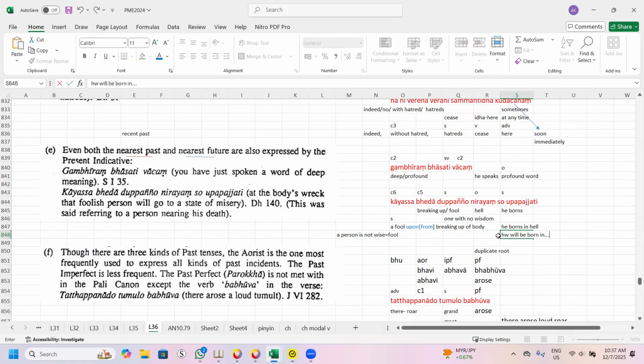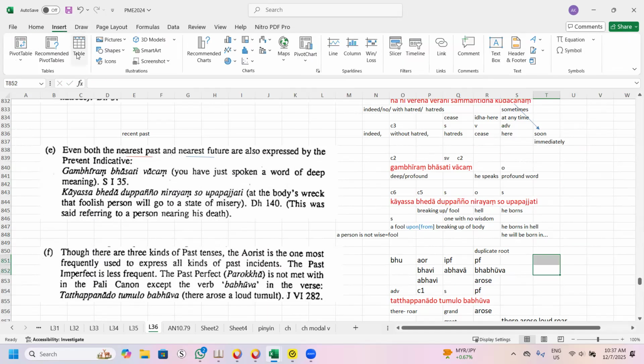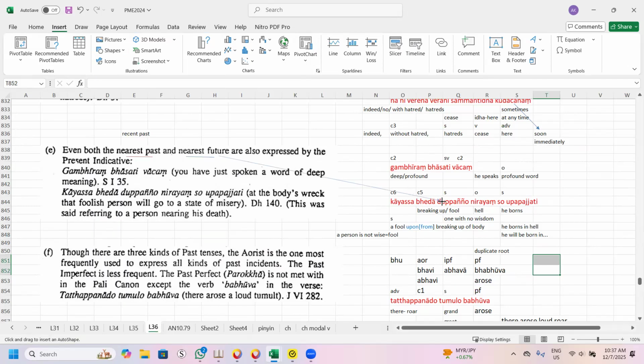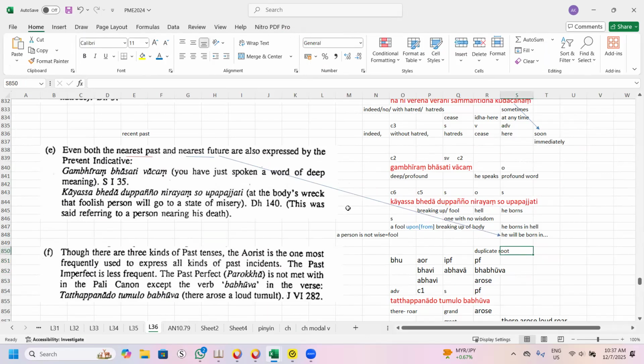Based on my interpretation of this line, you can say he is born in the hell or he will be born in the hell.